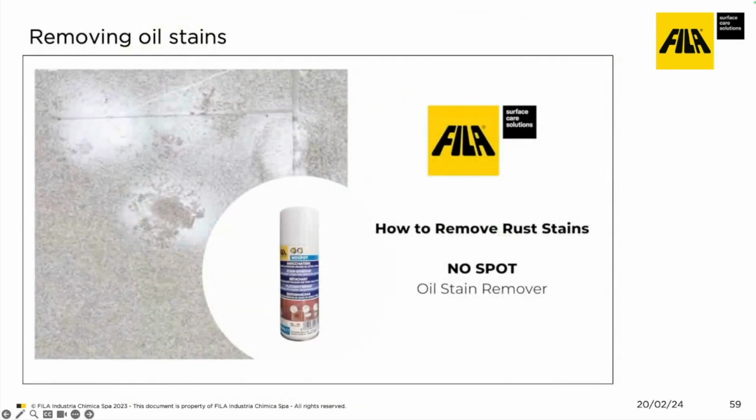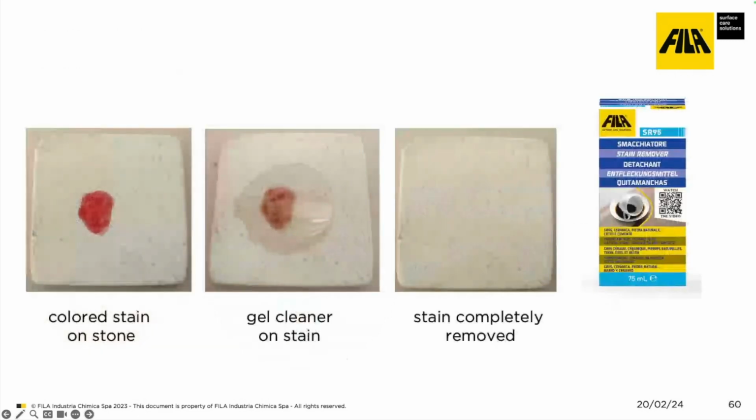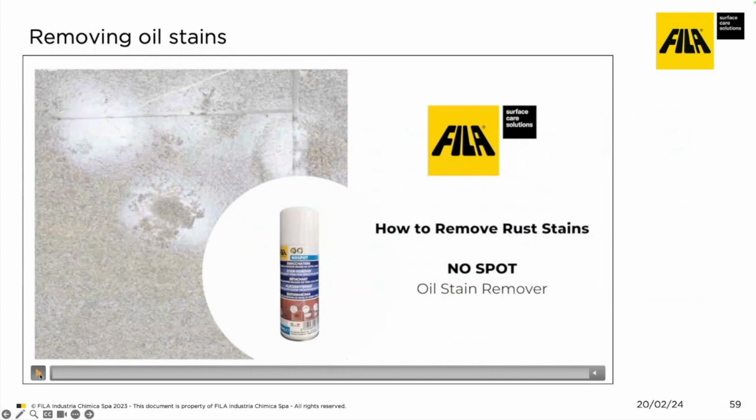Now, apart from the etchings, we also have different types of spot removers. This is a very nice spot remover for oil and grease. So it's very specific: oil and grease on any type of natural stone. Especially on unsealed natural stones, you might have some oil stains penetrated. So this is what we also call an instant type of poultice. It acts in 15 minutes.